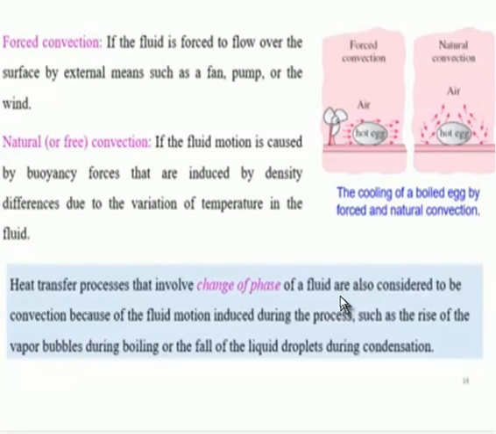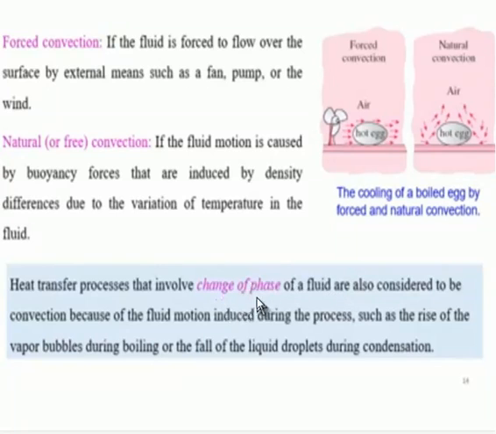Or in the condensation process, steam is condensed, that is, the gaseous state of the water is converted into water droplets. So there is a phase transformation.